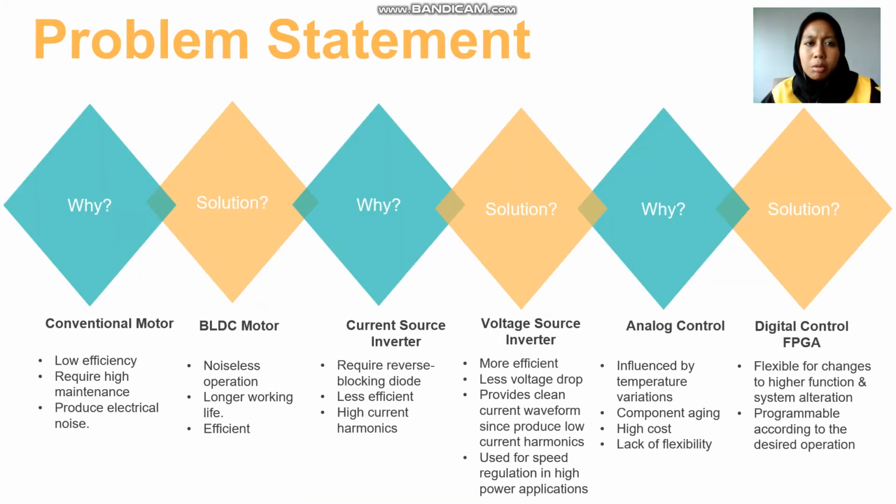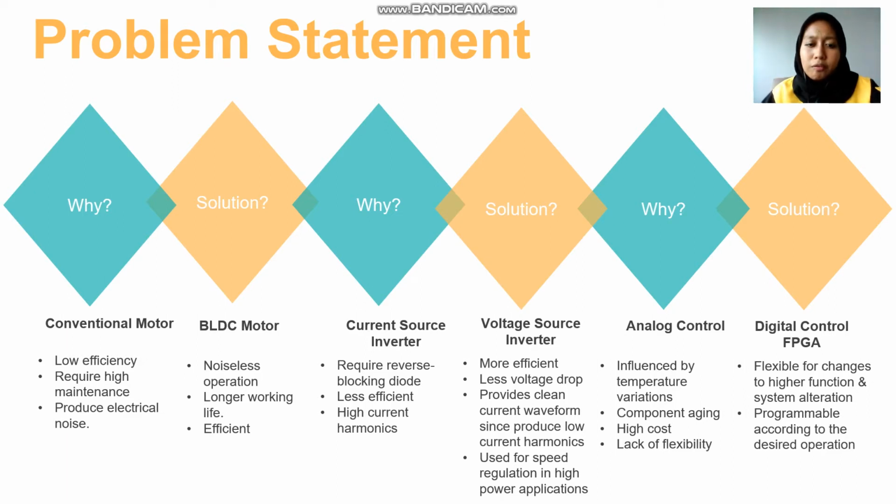In problem statement, I discussed about the disadvantage of conventional motor, which is low efficiency, requires high maintenance, and produces electrical noise. To overcome this problem, I use BLDC motor that offers noiseless operation, has longer working life, and is more efficient. Next, there are 2 types of inverter, which are current source inverter and voltage source inverter.